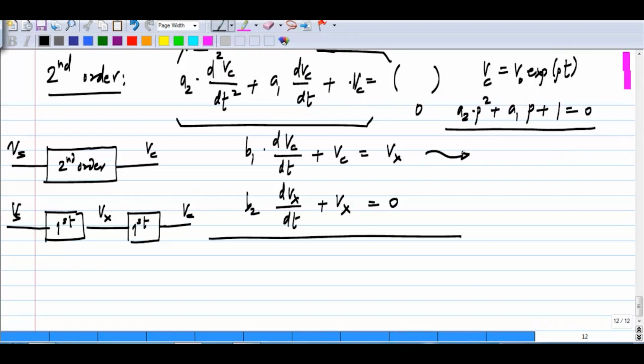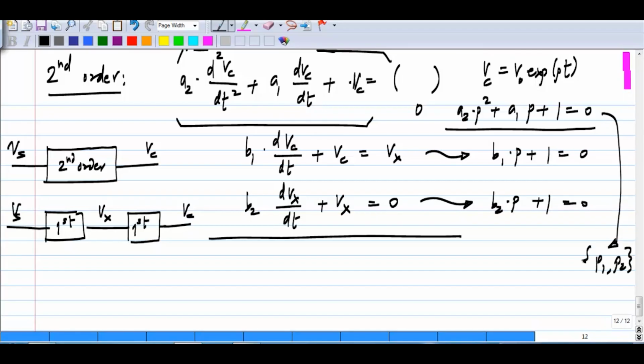Now the characteristic equations of the two first order systems are b1 times p plus 1 is 0, and b2 times p plus 1 is 0. Now this has some roots p1 and p2. It has two roots because it's a second order equation.